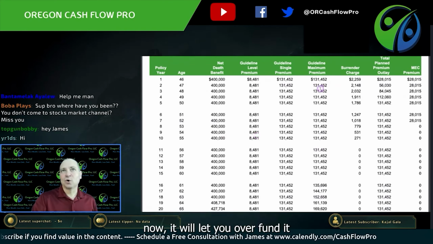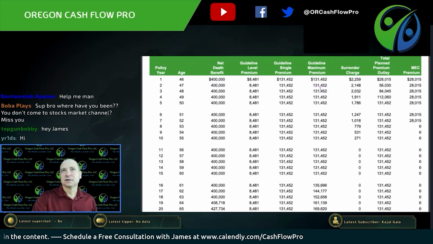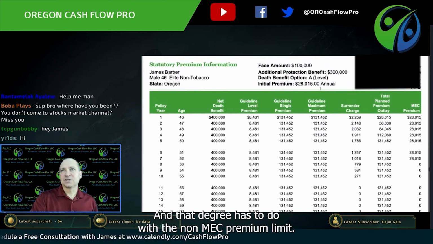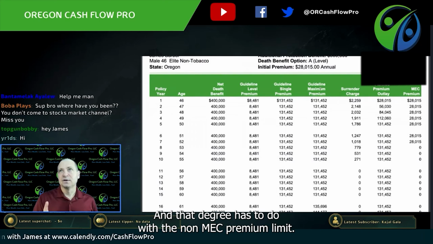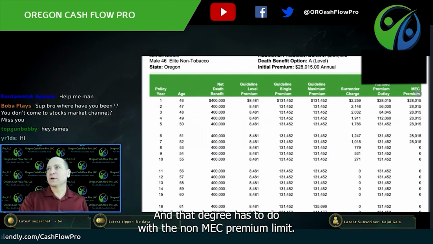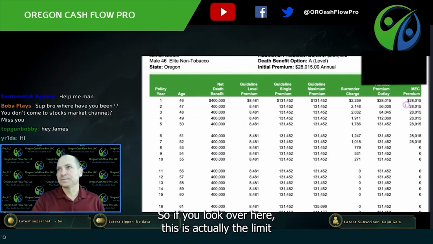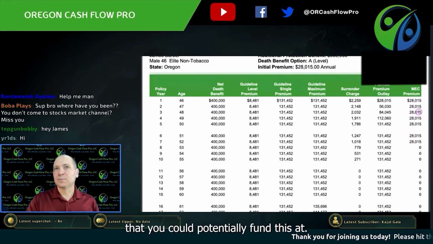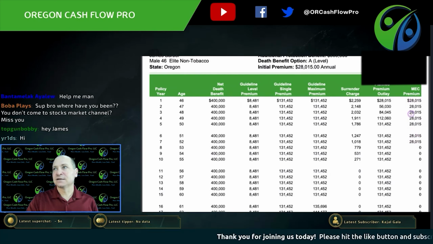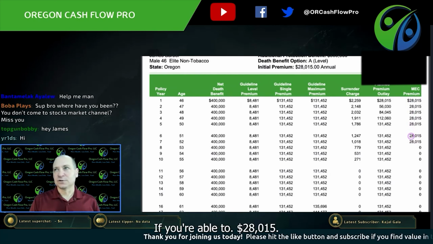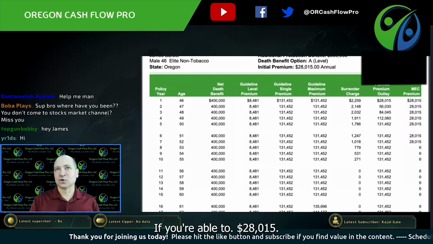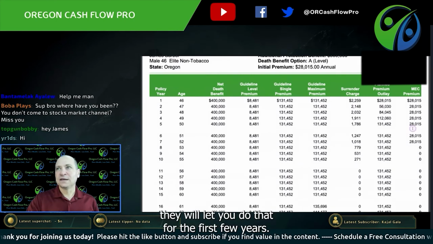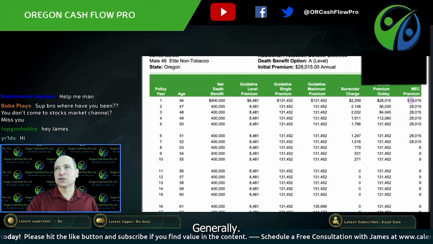Now it will let you overfund it to some degree, and that degree has to do with the non-MEC premium limit. So if you look over here, this is actually the limit that you could potentially fund this at if you were able to: 28,015. They will let you do that for the first few years generally.